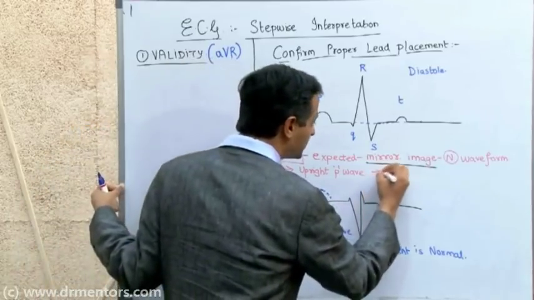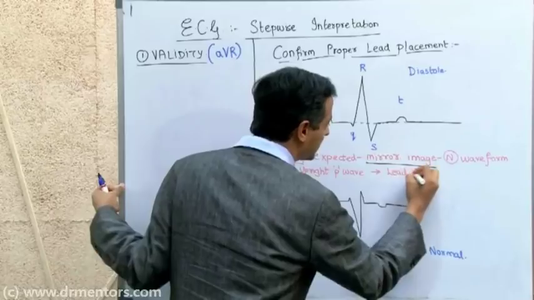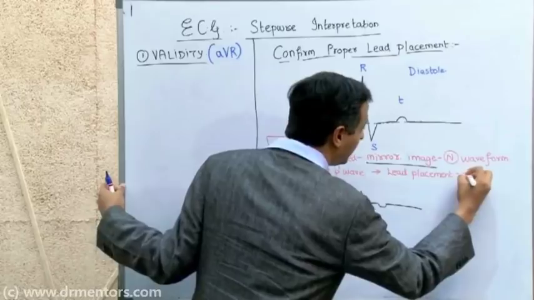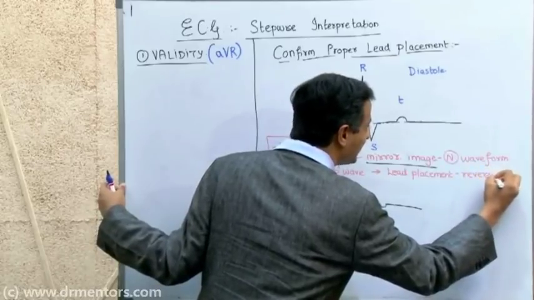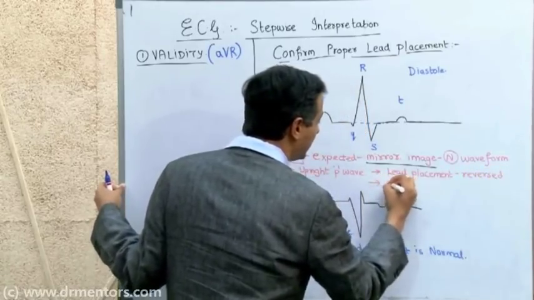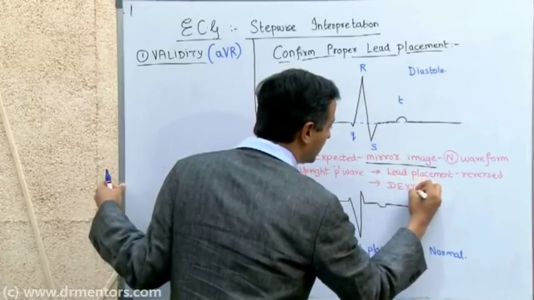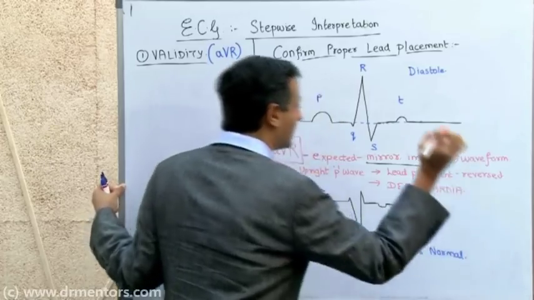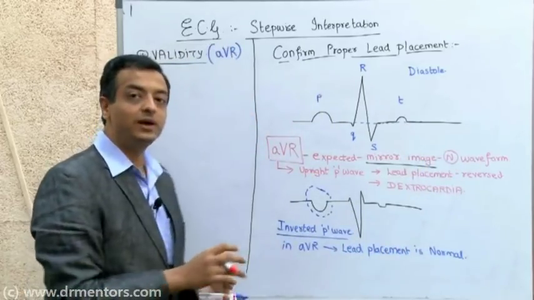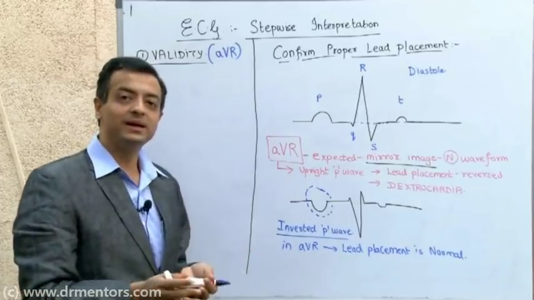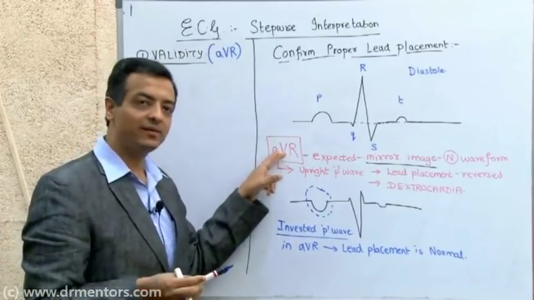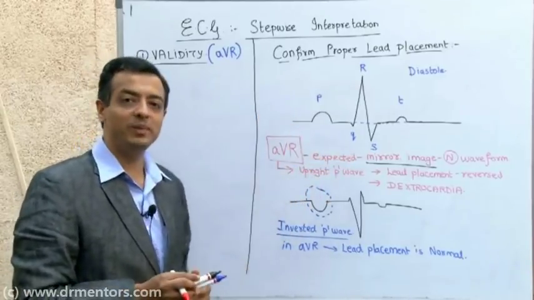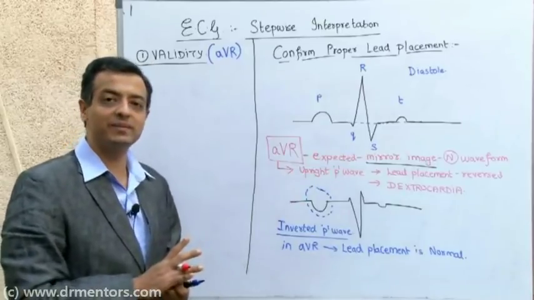Commonly it indicates that the lead placement is reversed, and the rare possibility that the patient has dextrocardia, because in dextrocardia the dominant vector is to the right. So now the right sided lead will look like the normal waveform. All other leads will have inverted P wave. That is the important step that we must do.